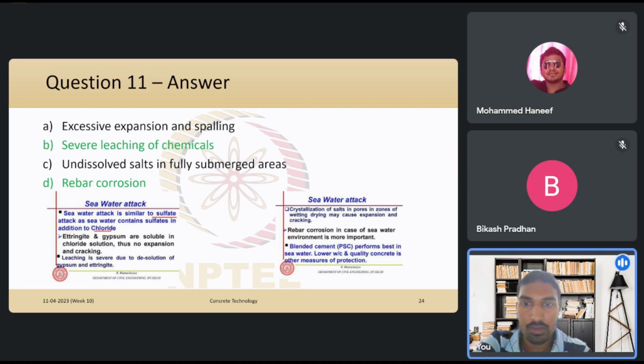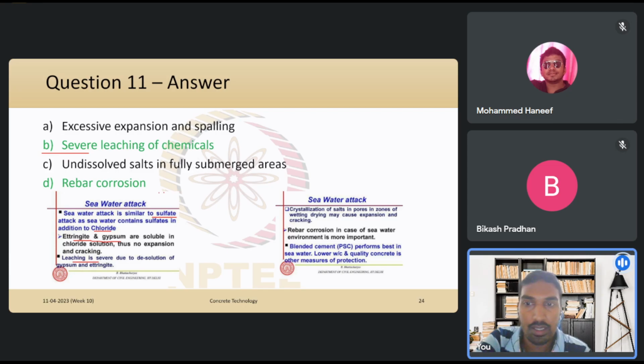Sulfate attack leads to ettringite and gypsum formation, but we also saw that because of the chloride, there is dissolution of the ettringite and gypsum, which leads to leaching, right? So B is one effect that we see. It is the leaching of the chemicals. So B is the right option.